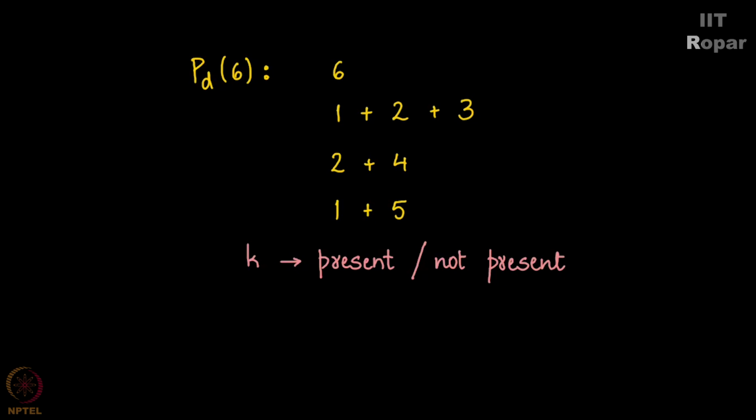So either it is present or it is not present, and it is the same for all the summands, for any k, and therefore it is represented as 1 plus x to the k. The function is equivalent to writing 1 plus x to the k, right?